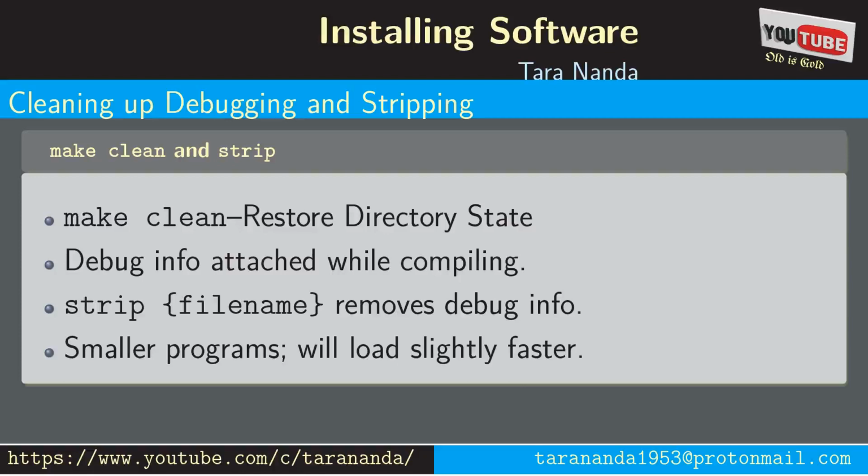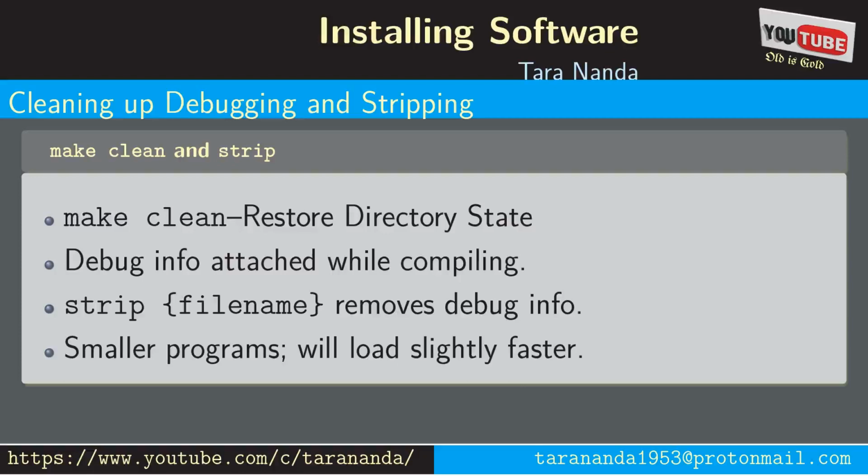One final remark: when the program is compiled, a lot of junk is attached to the executable. This stuff is useful for debugging the program in case somebody is interested to tweak it or see where the inefficiency is, or to optimize it, and so on. For most users, this is not important.